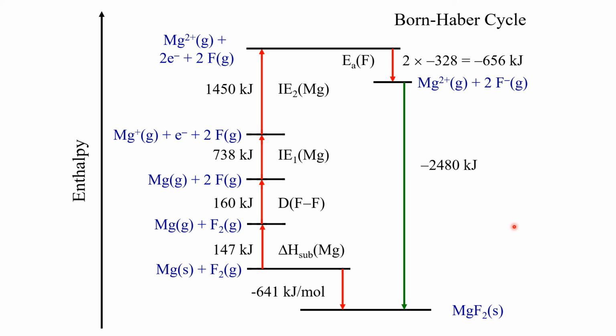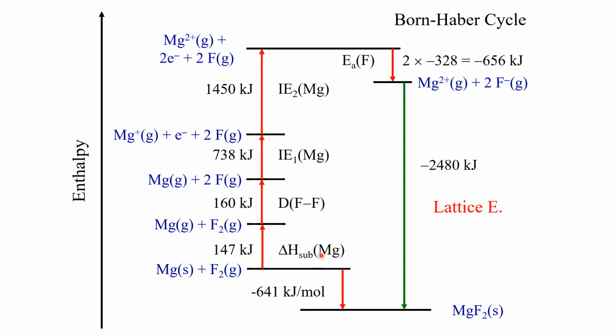So if you do the math, this is about negative 2480 kilojoules. And that quantity is the lattice energy of magnesium fluoride. So how did I get this? Well, I know that overall, going from here to here is exothermic by 641 kilojoules per mole. So remember Hess's law. Whether we go straight down in one shot or whether we go step 1, step 2, step 3, step 4, step 5, step 6, the end result, the sum, has to be the same.